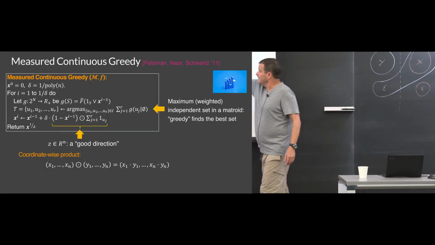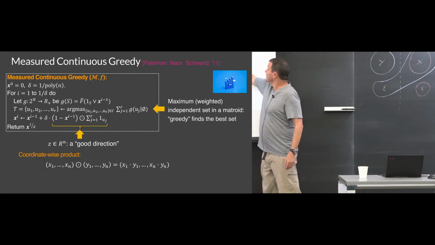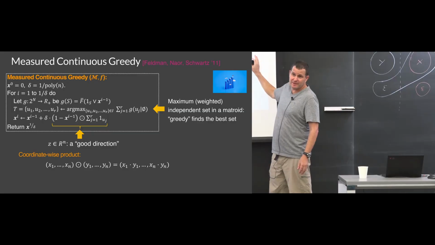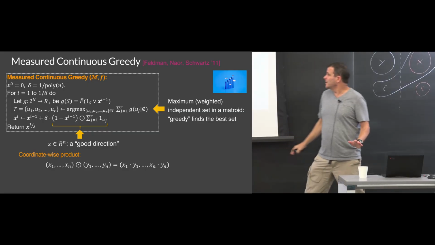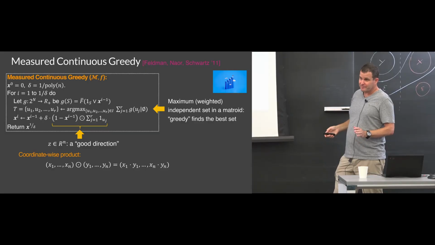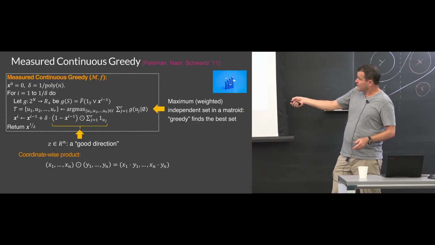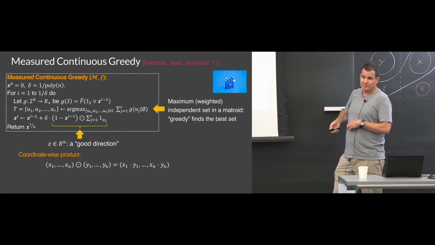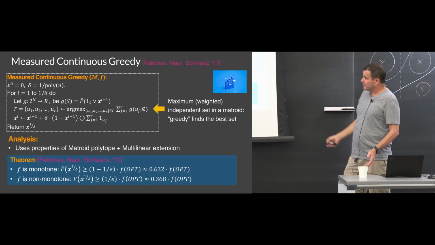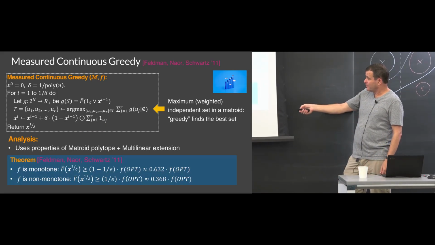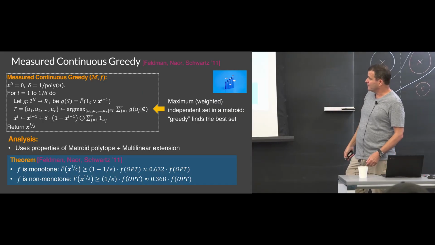This problem is just a very simple problem. It's just a maximum weighted independent set in a Matroid. Greedy will give you the solution. And at the end, you just return the final vector. So what they proved is that the final vector, if f is monotone, gives you a 1 minus 1 over e approximation.